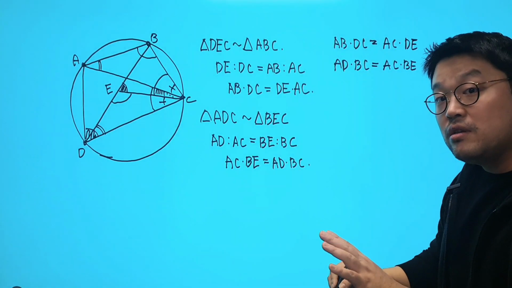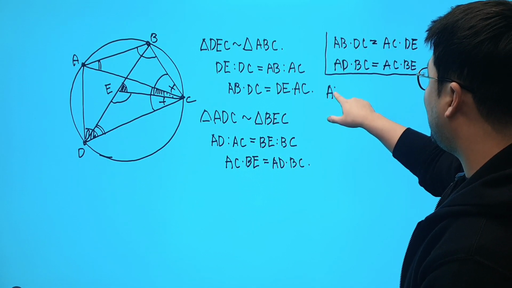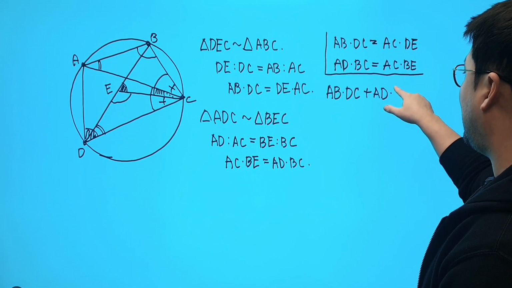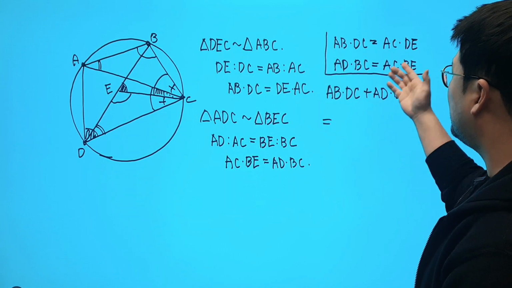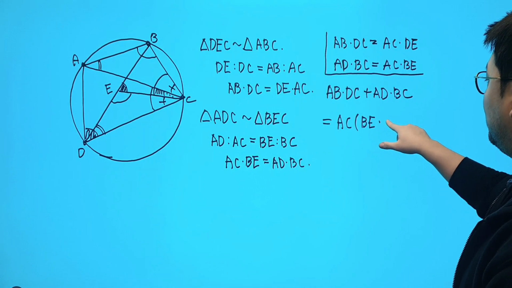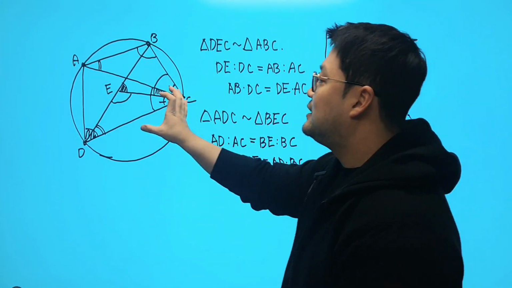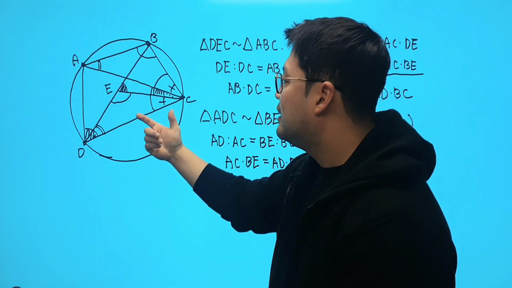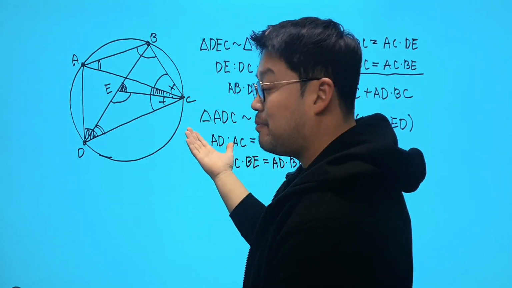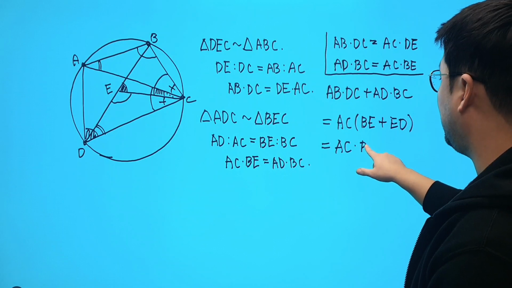And if you perform the vertical addition, like this, we get AB times DC plus AD times BC, which is going to be AC times BE plus ED. Now, thanks to the segment addition postulate, and we know that D and E and B are in fact collinear, DE plus BE is just BD. So we get AC times BD.